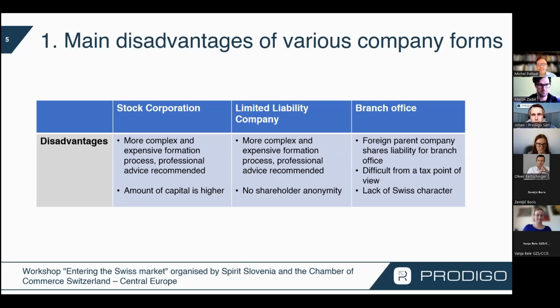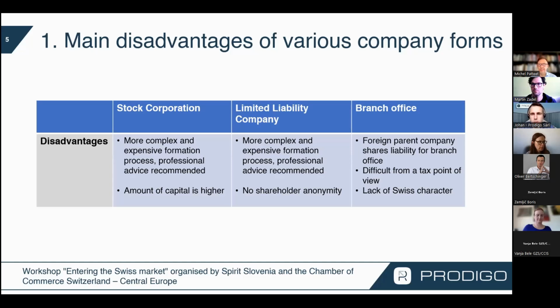The minimum capital required for the stock corporation is also higher, and as we will see in the next slide, for the LLC, the anonymity of shareholders is not possible, so this information is accessible in the commercial register.